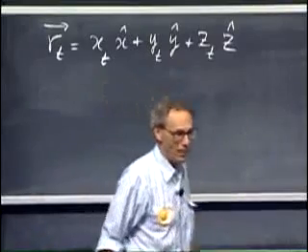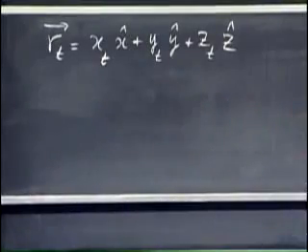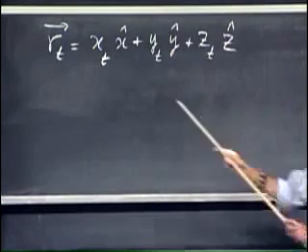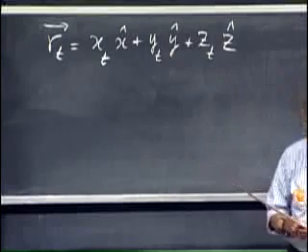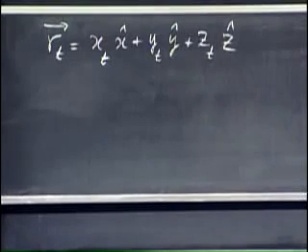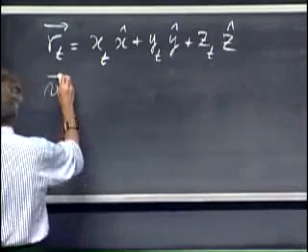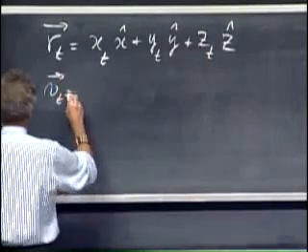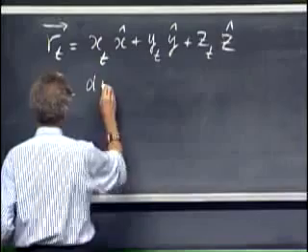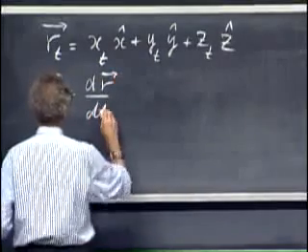I have decomposed my vector r into three independent vectors. Each one of those changes with time. What is the velocity of this particle? Well, the velocity is the first derivative of the position. So that is dr/dt.